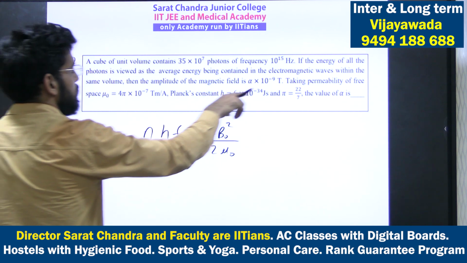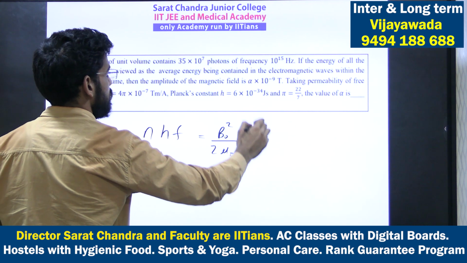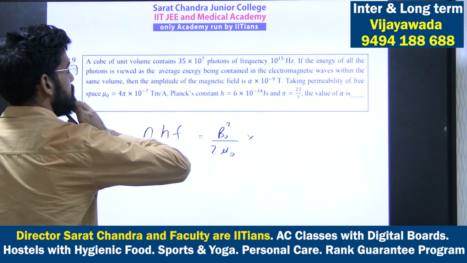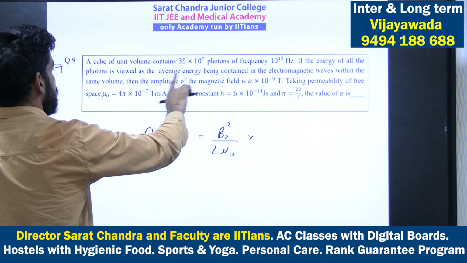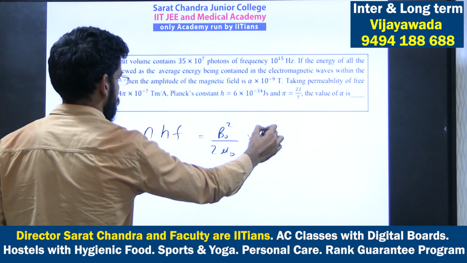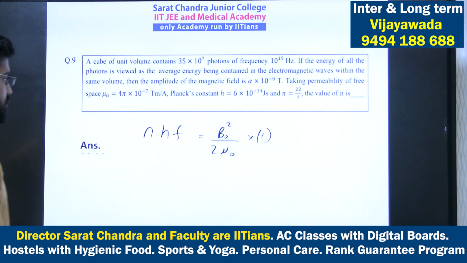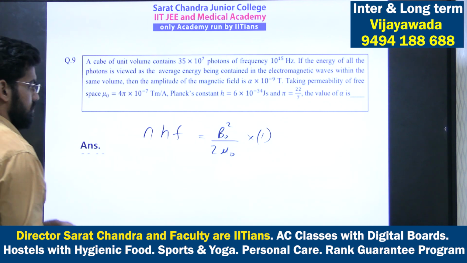Then the amplitude of the magnetic field of the electromagnetic wave within the same volume. Within the same volume, average energy being viewed, unit volume. So volume is 1. He said unit volume. That's why I was thinking, what volume? Volume is not given.